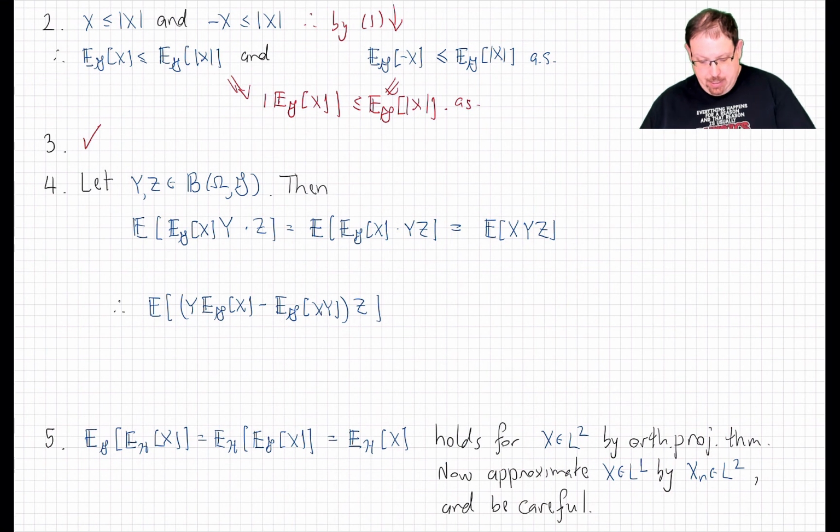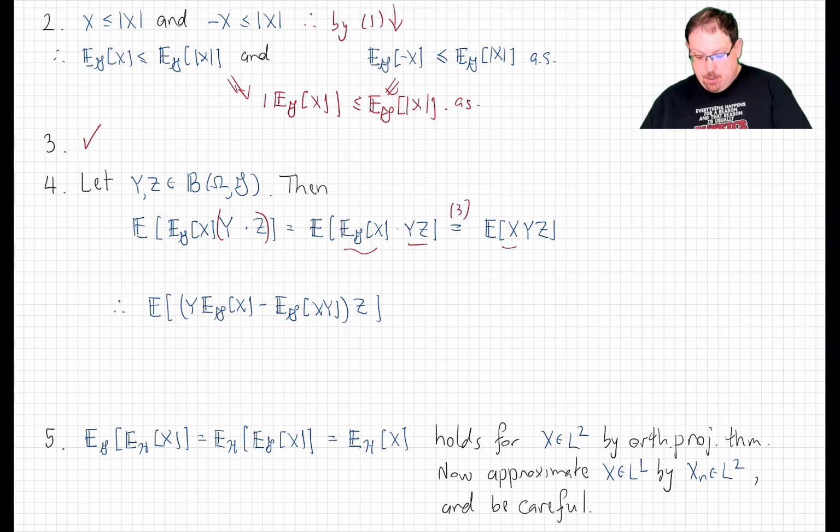Let's take two random variables, y and z, that are both bounded and G measurable, and look at the expected value of the conditional expectation of x times y, all times z. We'll group that with the y and the z together, since y and z are both G measurable and bounded, so is yz, and therefore by point 3, that's the same thing as the expected value replacing this with x itself.